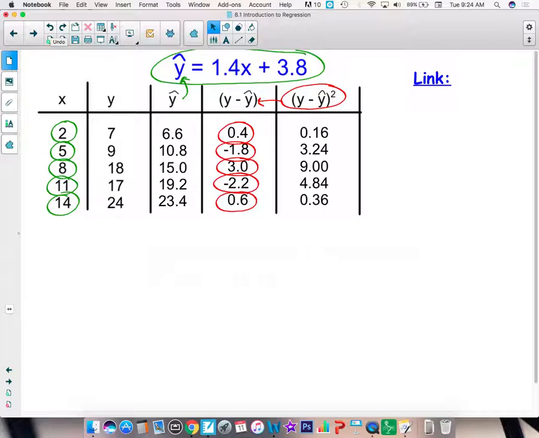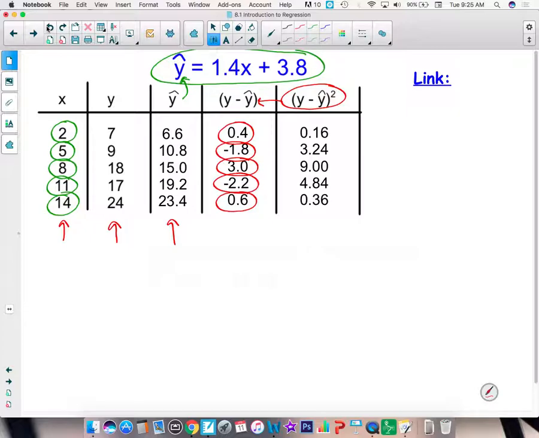Okay, so this chart right here is what we're going to use to calculate the sum of least squares. Okay, or sum of our residuals, sum of the residual squares. Okay, so we have our x column and our y column. Those are just what we started with. Our y hat, remember that comes from plugging all the values from the first column into our equation.